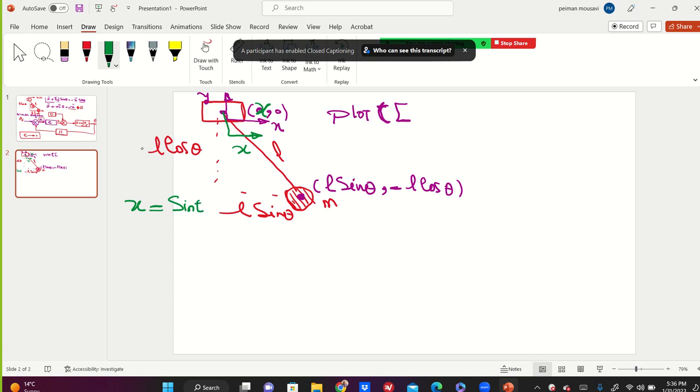So here it is not L sine theta. It's L sine theta plus x. See what I'm saying? The same applies to the other coordinates of these two points, point A and point B. Anybody agree? Yes or no?